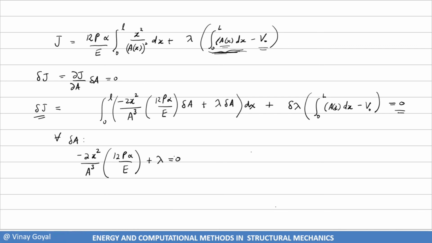Okay, and then I have this constraint, which is the integral from 0 to L. For any del lambda, I recover the constraint, which is this. So I recover the constraint.